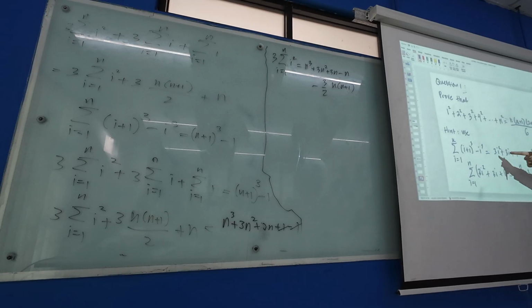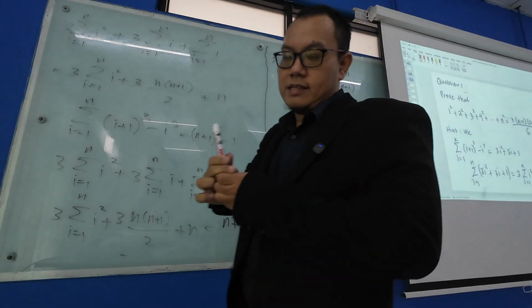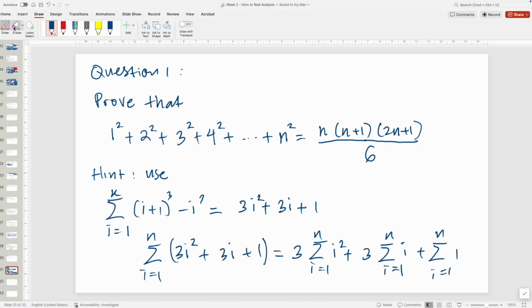So actually the hint is not this. The hint is like this. Then I will revise: this one equals n plus 1 cubic minus 1 cubic. So that's the hint.